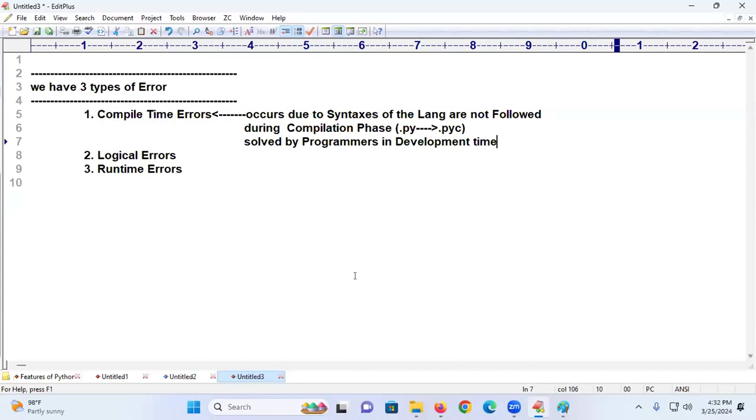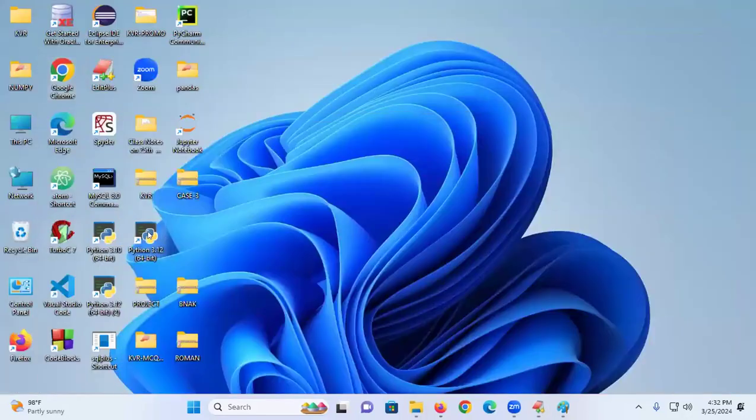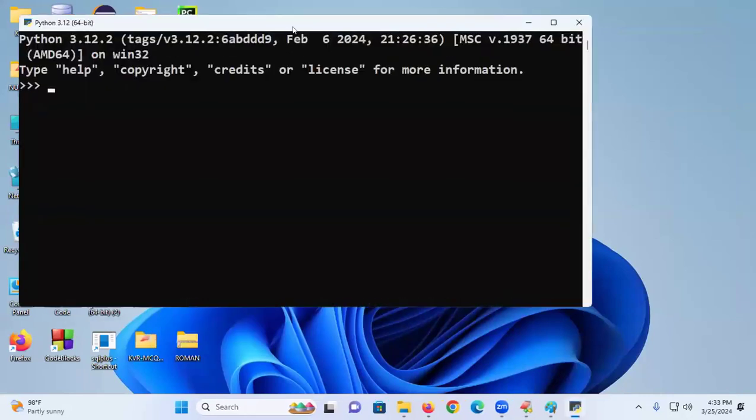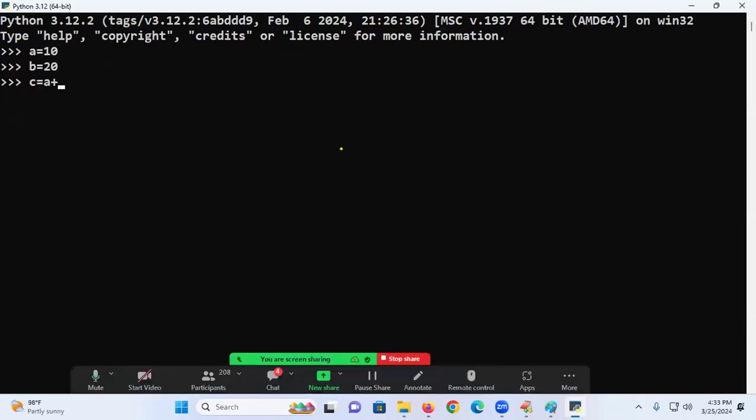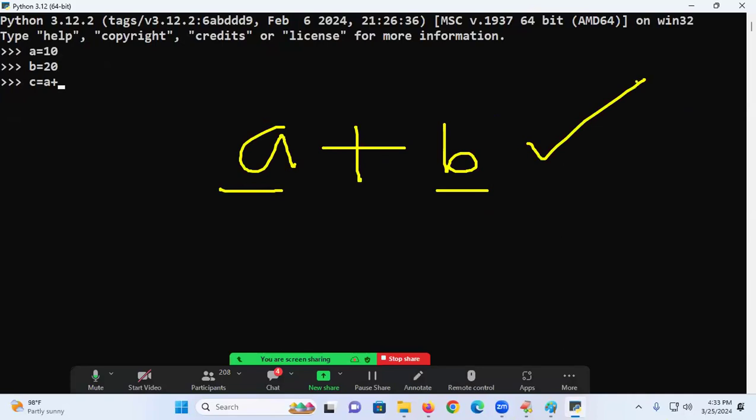If I go to my Python environment, try to observe this carefully. A is equal to 10, B is equal to 20, C is equal to A plus. I'm just writing plus. When I use the operator plus, on the left side I write one variable, and on the right side I need to write something more.